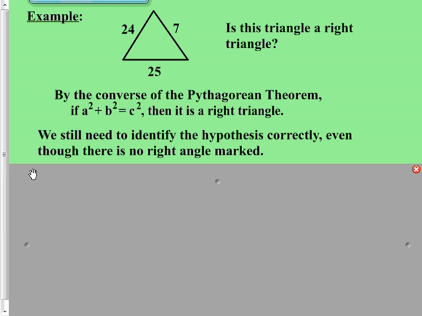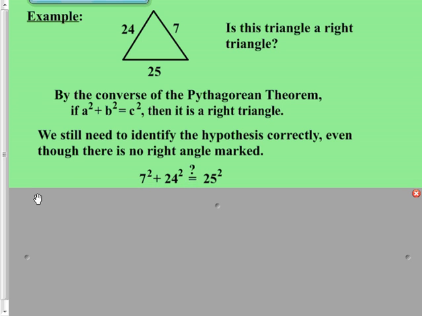But as we discussed yesterday, we know that the hypotenuse is always across from the right angle, so that means that the hypotenuse is going to be the largest side of the triangle, because the potential right angle should be the largest angle of the triangle. So our 25 is going to be our hypotenuse. 7 and 24 would be the potential legs of the triangle.